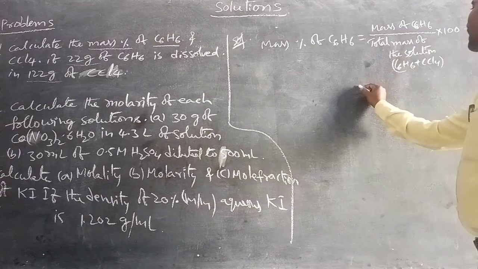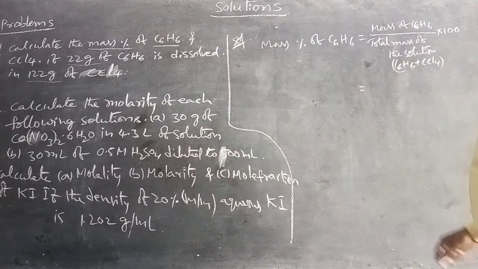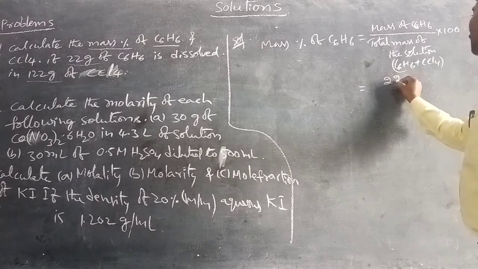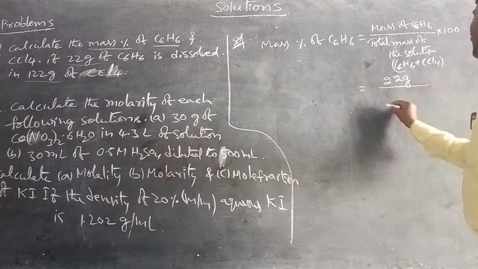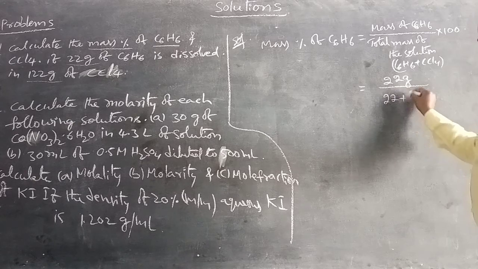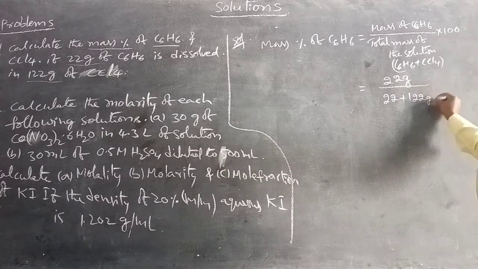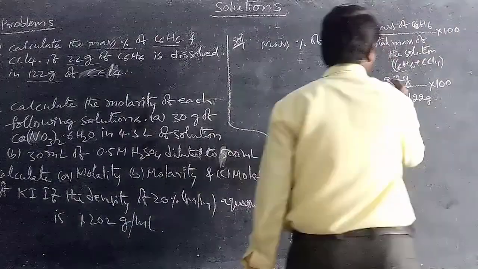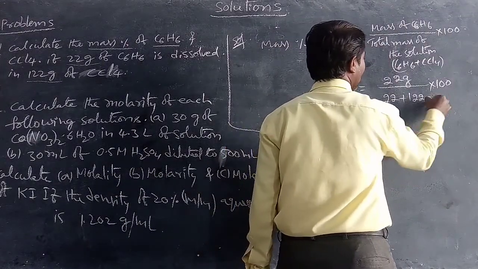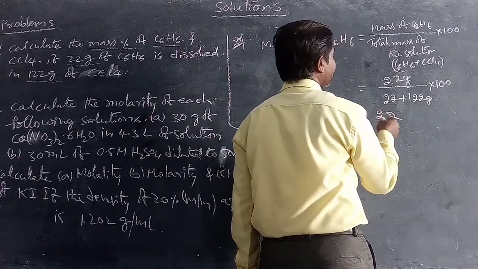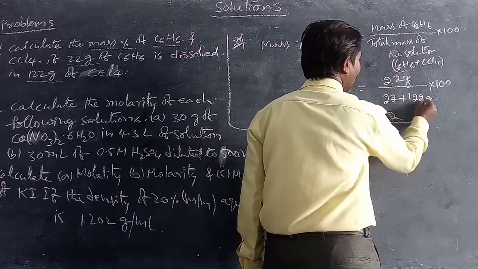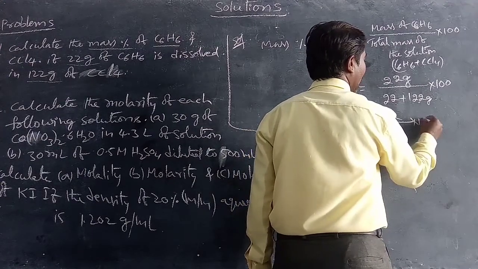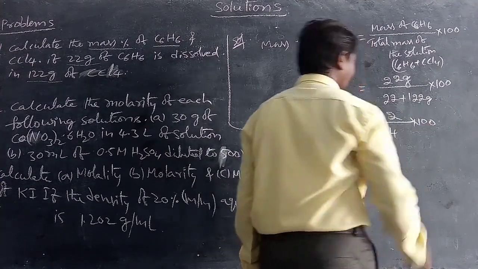So here mass of C6H6 is 22 grams, divided by 22 plus 122 grams, into 100. Grams cancel here, so 22 divided by 144 into 100.